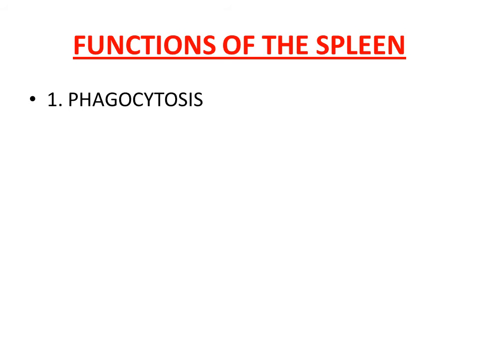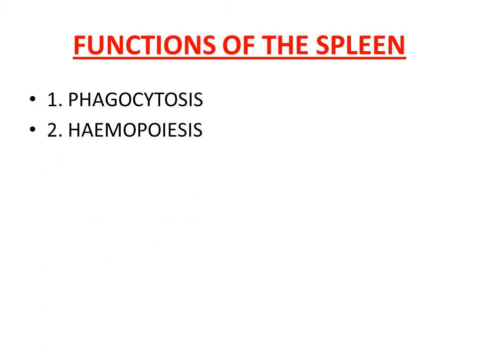The phagocytes present in the organ remove all the cell debris, old and damaged RBCs, other blood cells and microorganisms, and this is how it filters the blood. I've already told you in my first slide how it filters the blood.